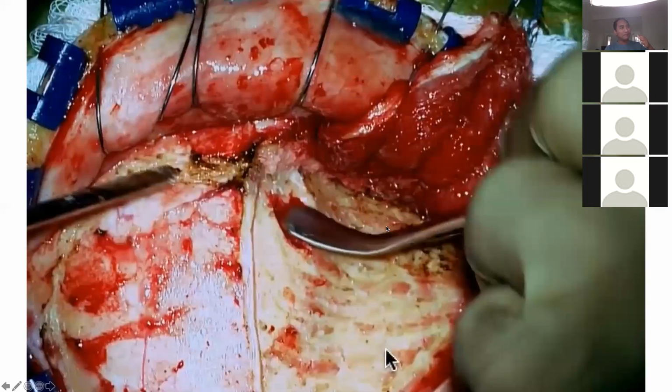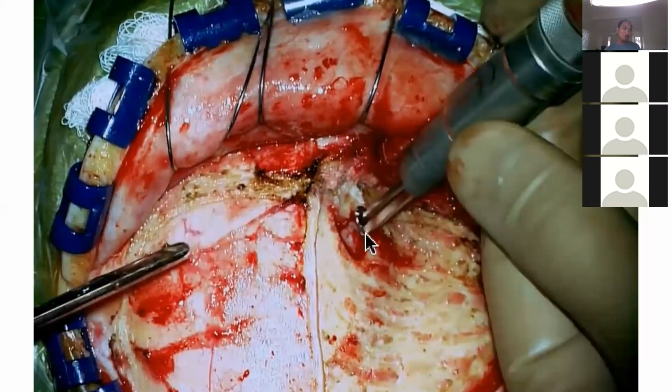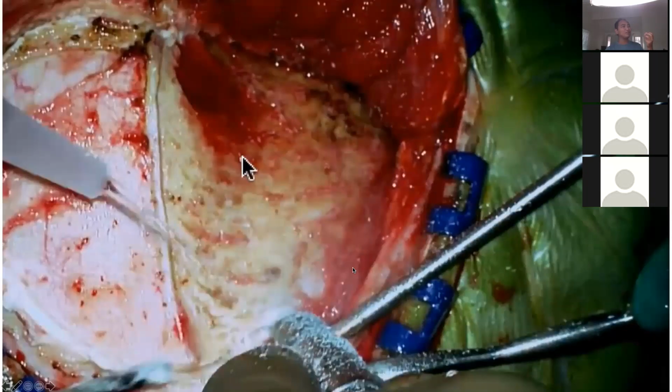We push them away, then use a bigger spoon to make the skull bone free from the underlying brain tissue and covering substances. And we put in the saw and gradually move the saw again and again.